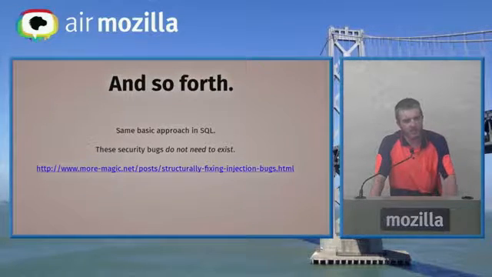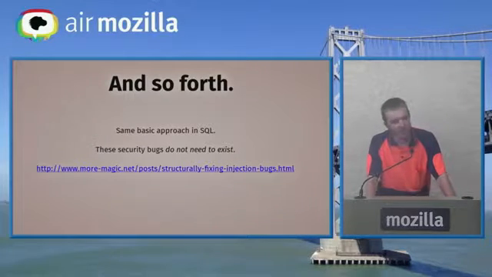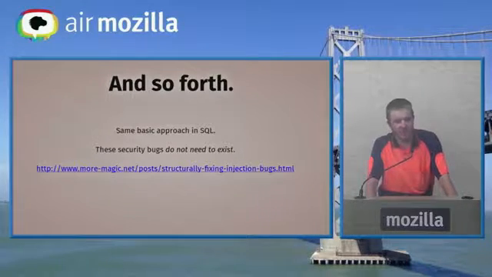These security bugs that we have here, they simply don't need to exist. In a language like Python or Ruby or JavaScript, they are comparatively unavoidable. In a language like Rust, most of these security bugs simply don't need to exist. We need to get rid of them with our type system. There's an article that I have linked there, Structurally Fixing Injection Bugs. It goes into these topics in some more detail.